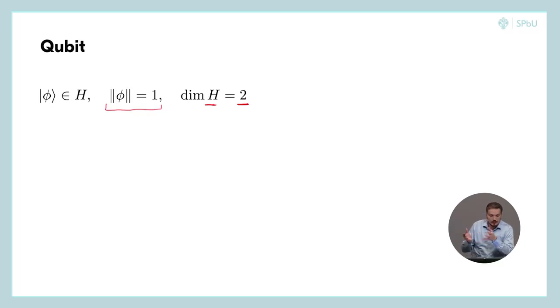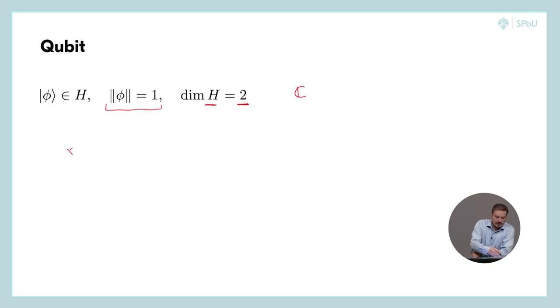Some of us may need to recall what a Hilbert space is at all. Well, a Hilbert space is a linear space over some field with a dot or inner product. And in this course we are going to discuss only finite-dimensional spaces over the field of complex numbers.